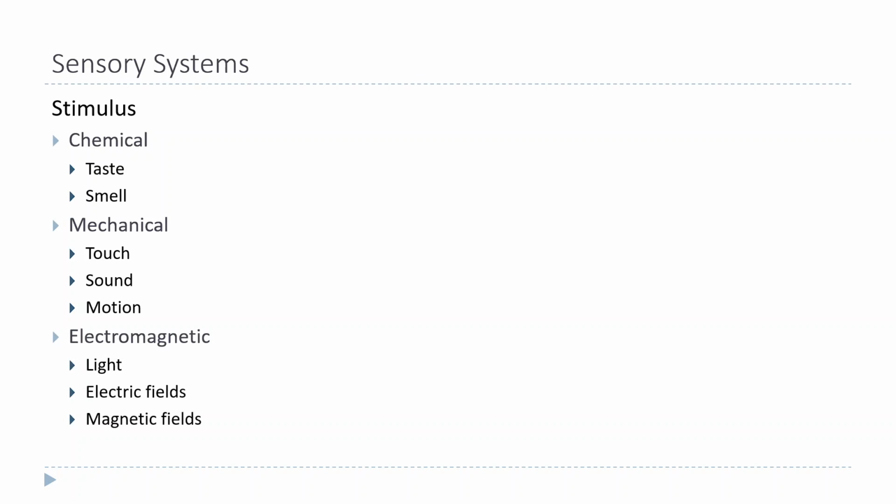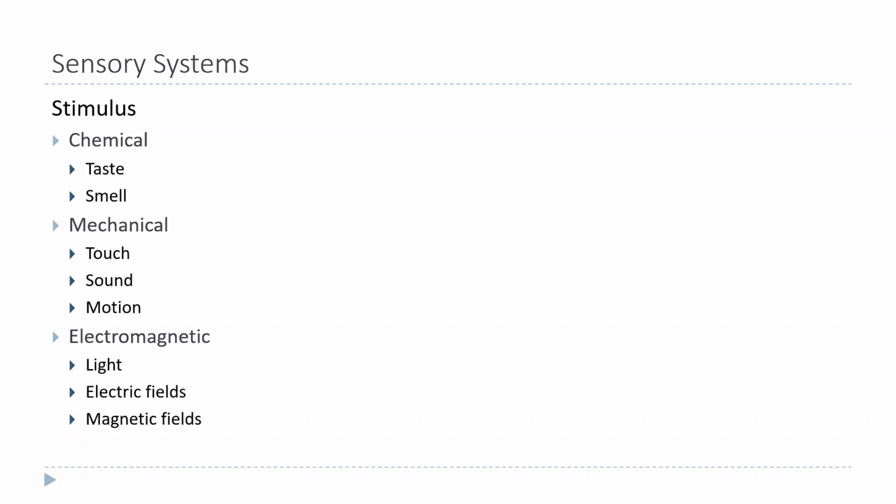And then electromagnetic fields can also be a sensory stimulus. Now, the only kind of electromagnetic stimulus that we are able to detect is light, and so that's through the visual system. And then there are other animals that can detect electric fields and magnetic fields, but for humans, and most other mammals in fact, that's not really a stimulus that we normally are able to detect.